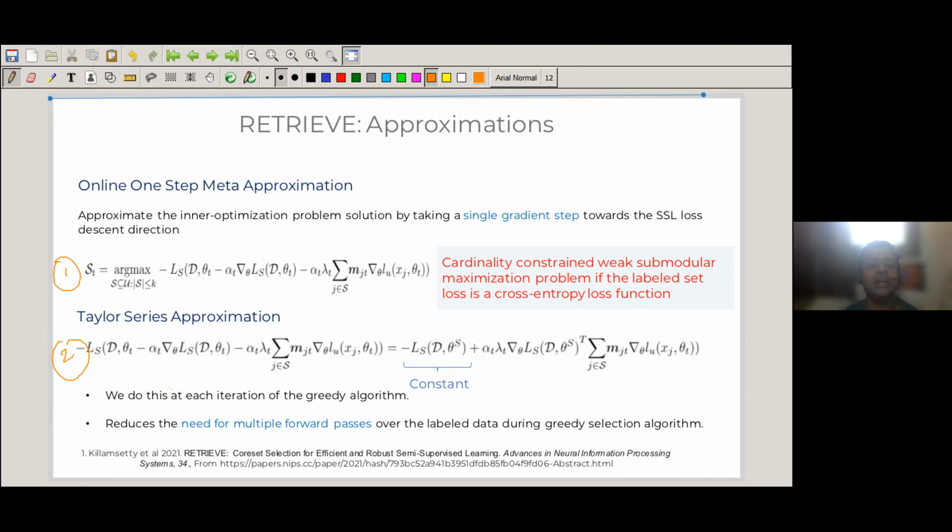This reduces the need for multiple forward passes. That's very important. The entire idea of using the Taylor series approximation is so that you can take the likelihood on the subset S to be a constant, which means that the forward passes, that is, for every subset you select, having to do the inference again, you can try and avoid by using this first order approximation.